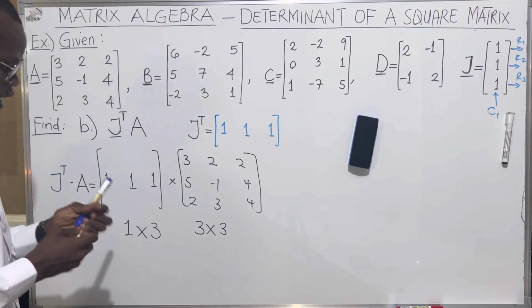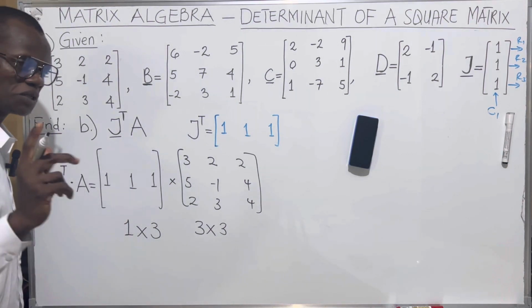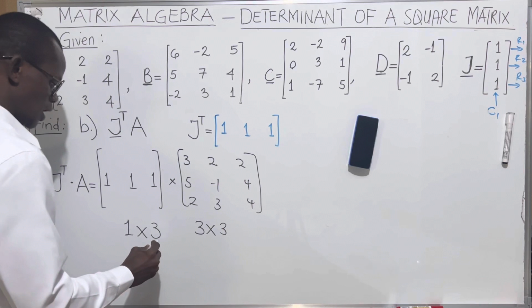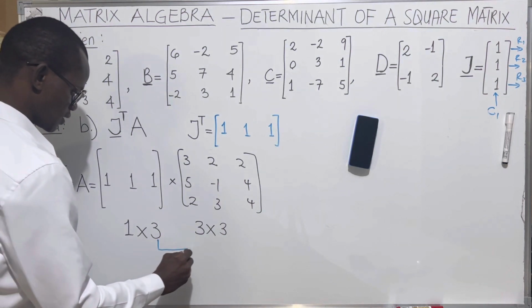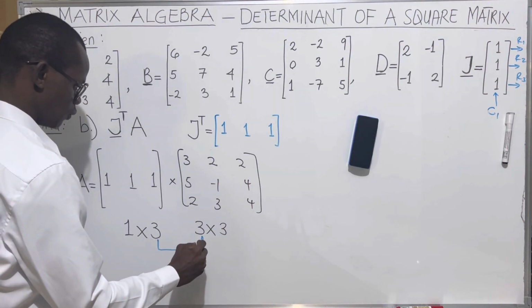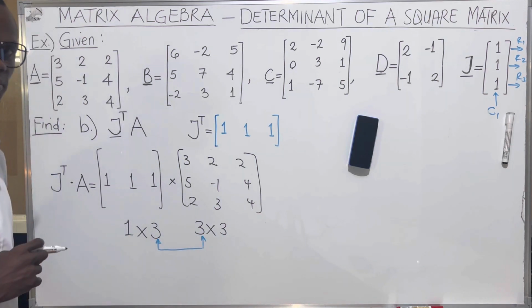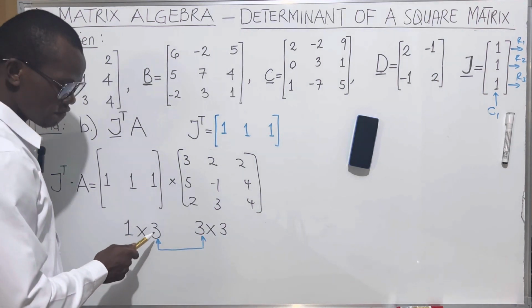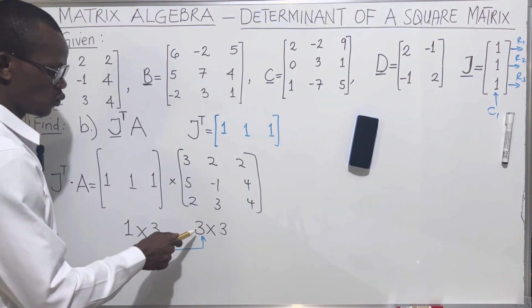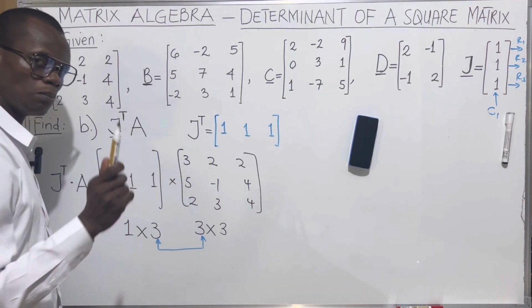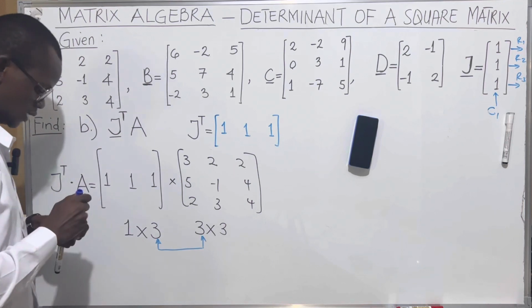So in order for you to be able to multiply two matrices, the column of the first matrix and the row of the second must be the same. The column of the first matrix and the row of the second matrix must be the same.